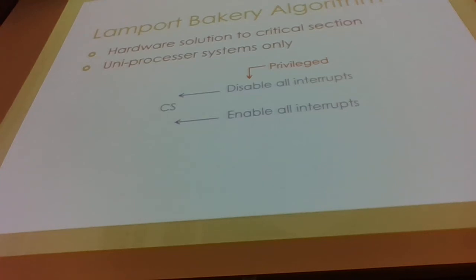Now what is the downside to this? The critical section has an infinite loop. Exactly. If the critical section has an infinite loop, then what will happen? You will never come out of that process. The entire operating system is hung.